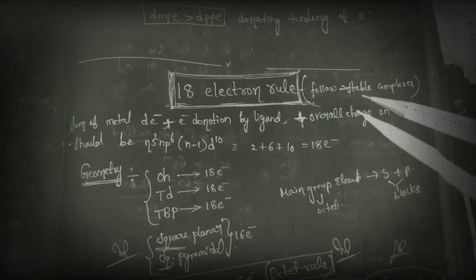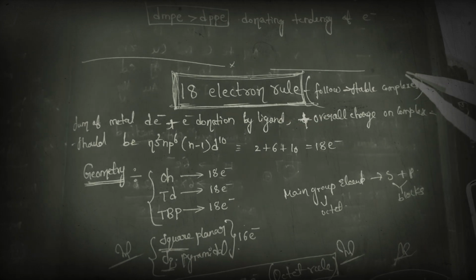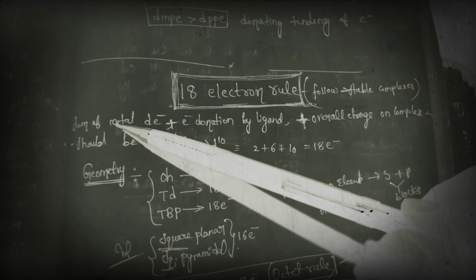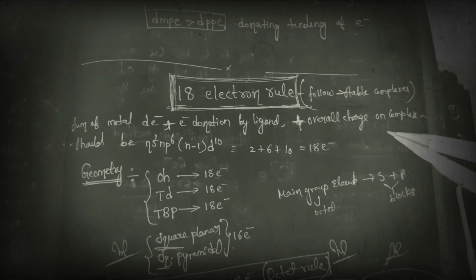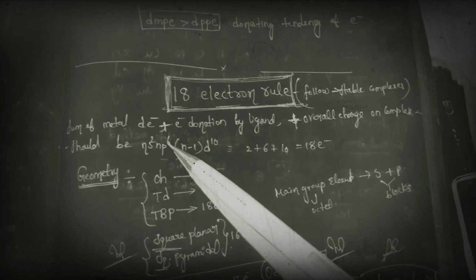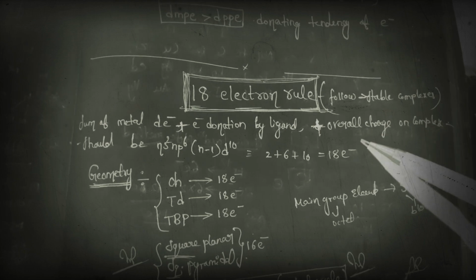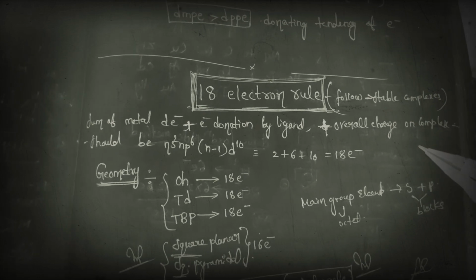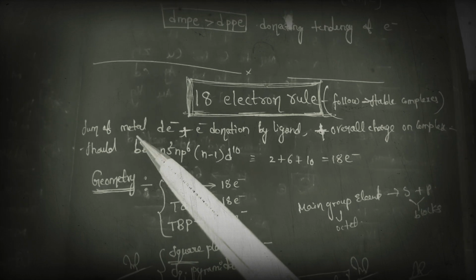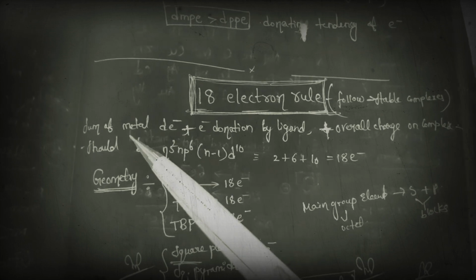How can we find the number of electrons in that particular complex? This is the formula we should remember: sum of metal d electrons plus electron donation by ligand plus overall charge on the complex. First we have to count the electrons present in the d orbital of that particular metal.